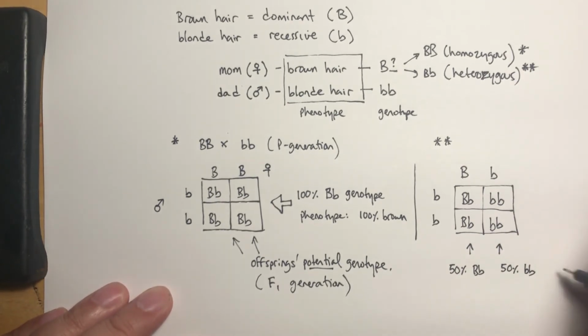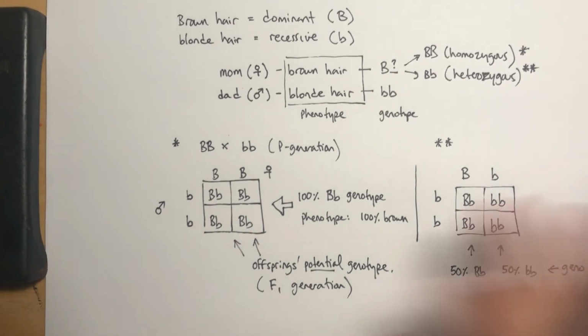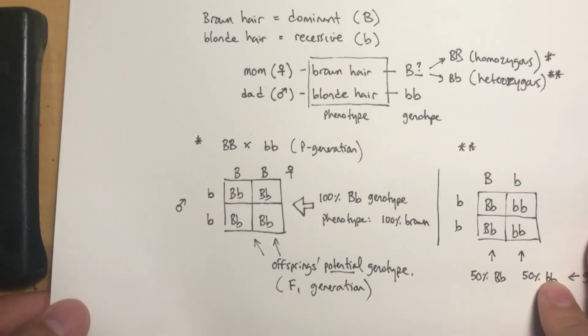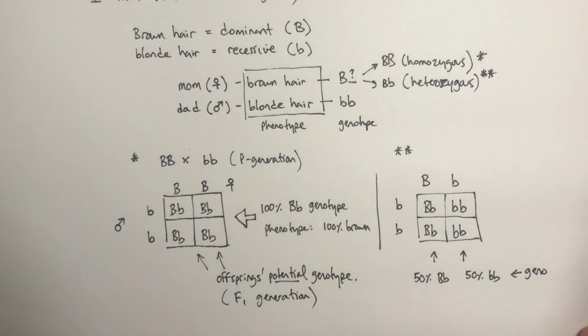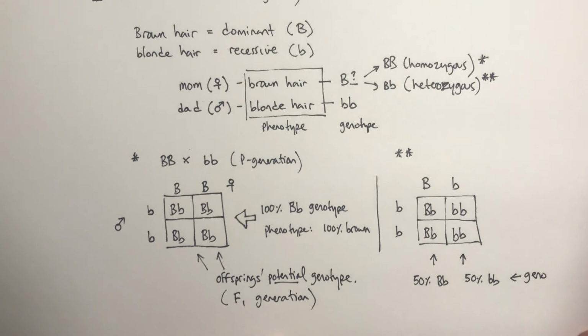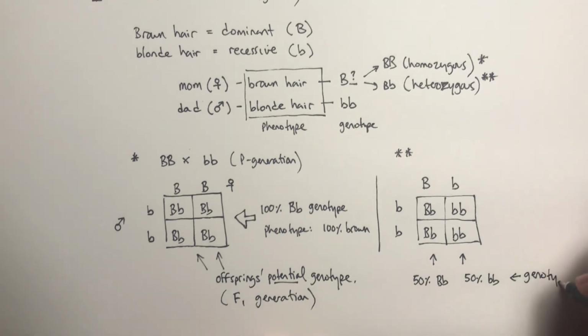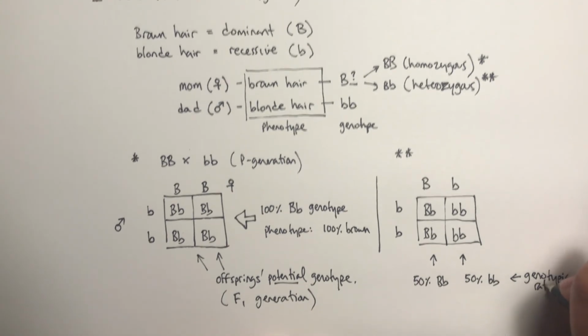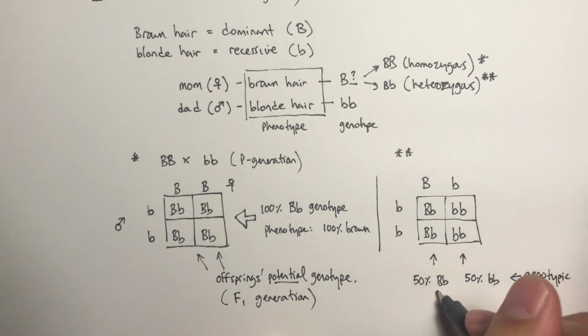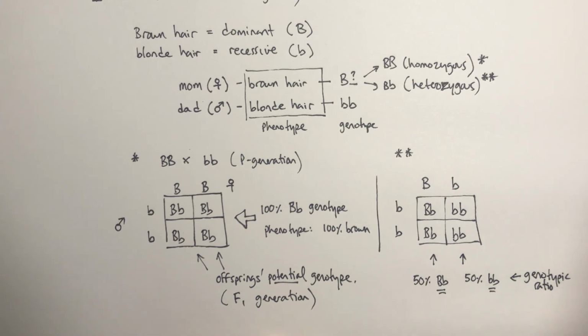This is called the genotypic ratio, because we're telling people what the genetic makeup is, what percentage is what.